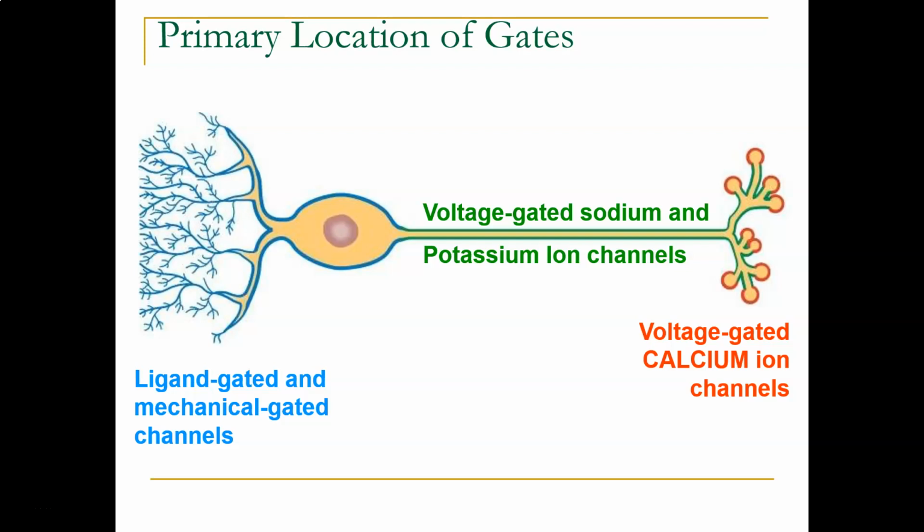So here we see ligand-controlled gates for graded potentials, and then in green you see the voltage-dependent sodium and potassium gates. Again, that just means what exactly is opening those doors. Is it a chemical? Is it pressure, like mechanical force, or is it a change in the membrane potential?